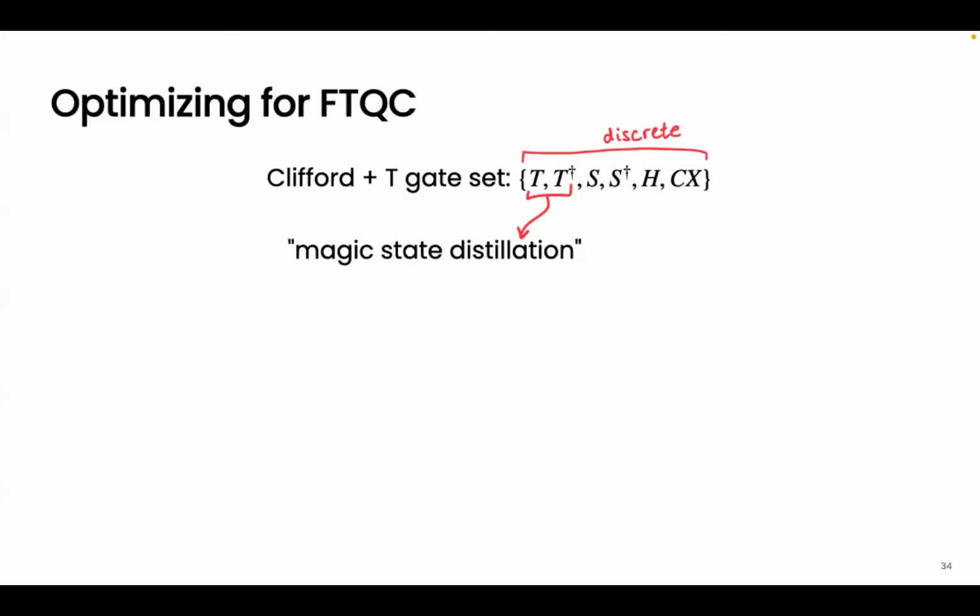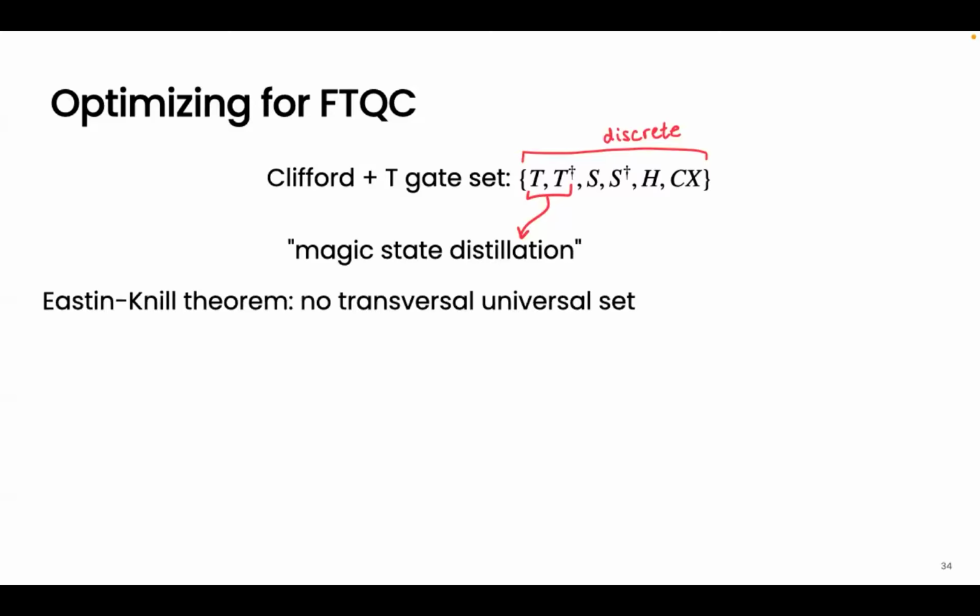We need this procedure for preparing a magic state that will help us execute this gate in a fault-tolerant manner. And you might be wondering, why don't we just use a different gate? The T gate is not good. But there's a theorem that says that basically you need at least one gate that's going to be hard to do in an error-corrected fashion.